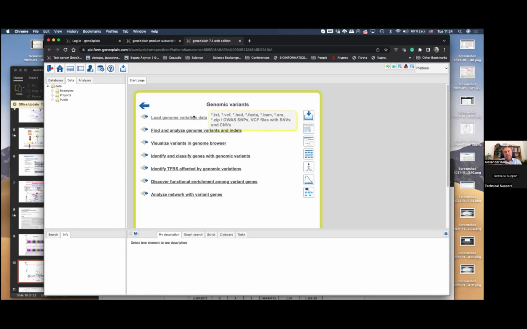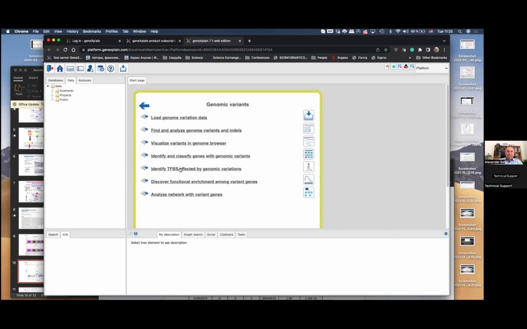By sequencing that genome or various regions of that genome, you get the full picture of the variability. Those files are usually provided as VCF files, and then you can load and analyze them here. Today we are focused on GWAS studies and SNPs, so that's a little bit different topic.